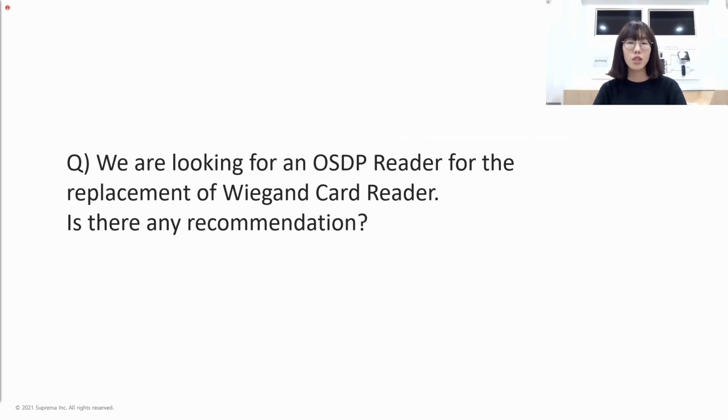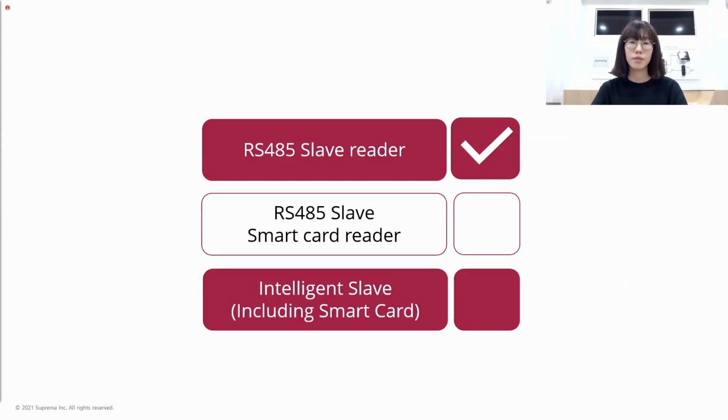In this case, you can use the Suprema product. This can be called an RS485 slave reader. The Suprema device becomes a dummy reader and transmits card or biometric information to the access control panel without storing user information.